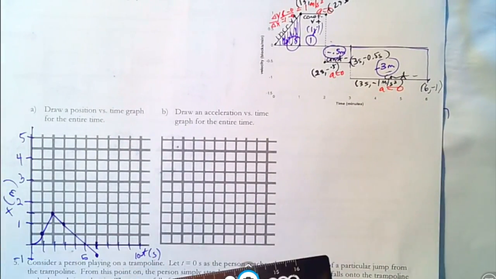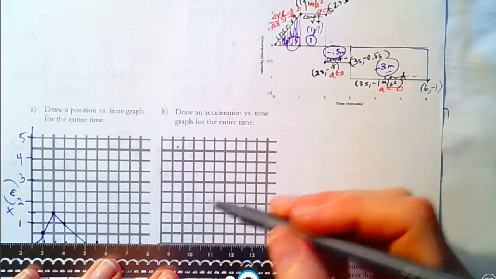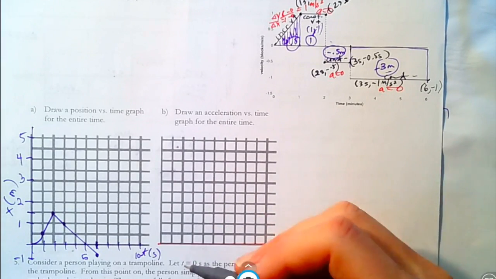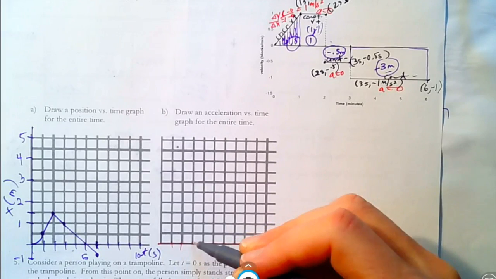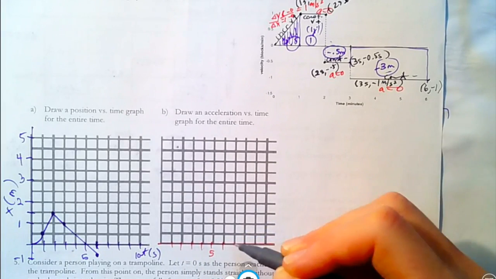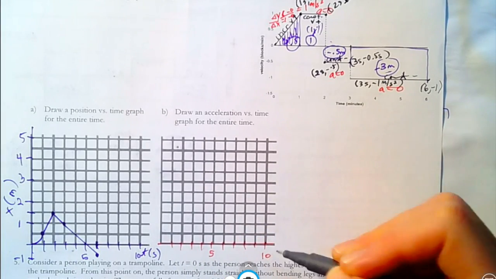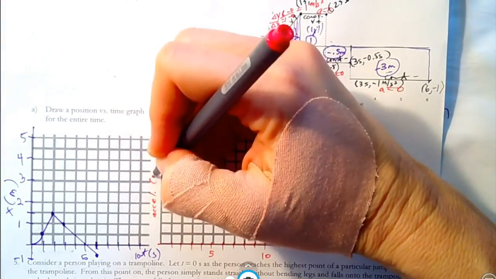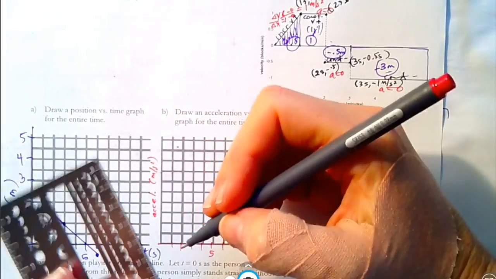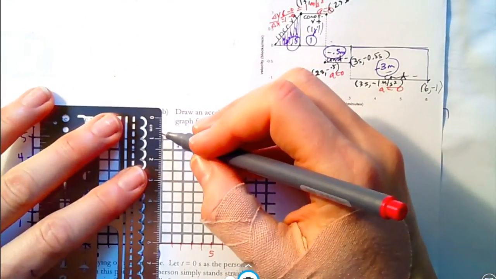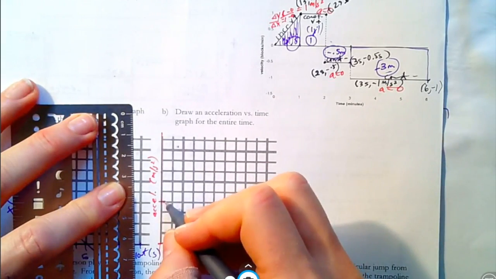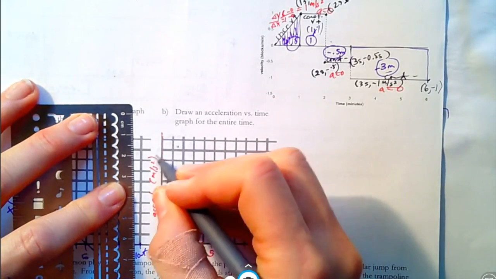So making the same axes here, 1, 2, 3, 4, 5, 1, 2, 3, 4, 5. This is time. This is now going to be acceleration. And here's 1, 2.